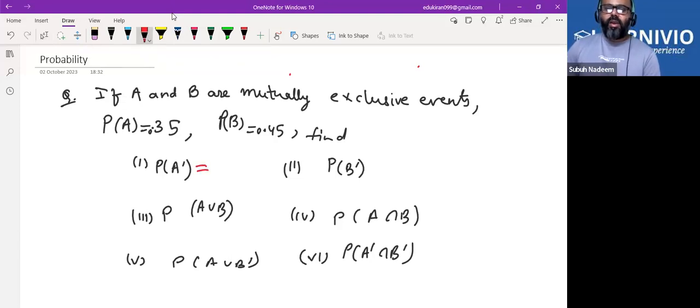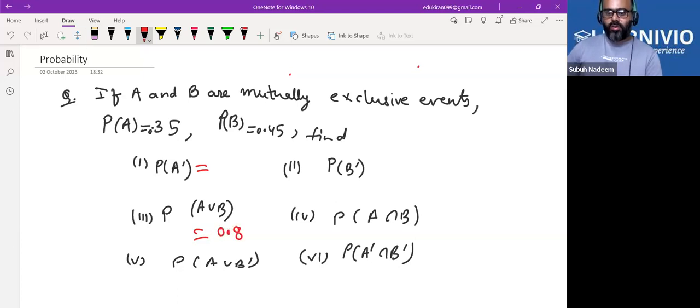What is P of A complement? Can you tell? Sir, I was finding that, but I did the third one. I got 0.8. Okay, correct, because P of A intersection B is 0.